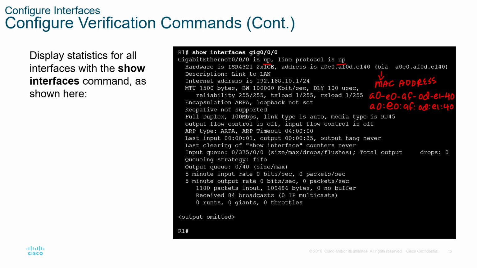Other things we've talked about, the description here. Its IP address, the bandwidth, the duplex, the speed, the media type on that cable is an RJ45, and all this other stuff you may or may not touch base with as we go along.